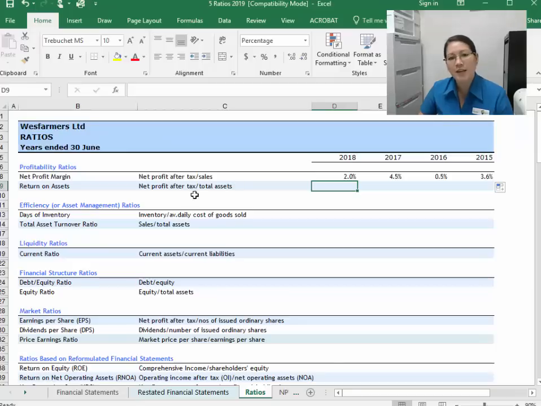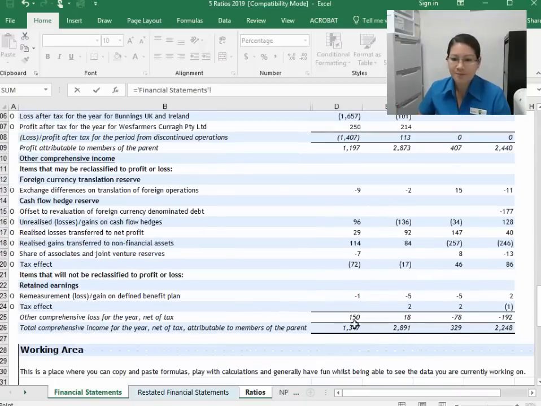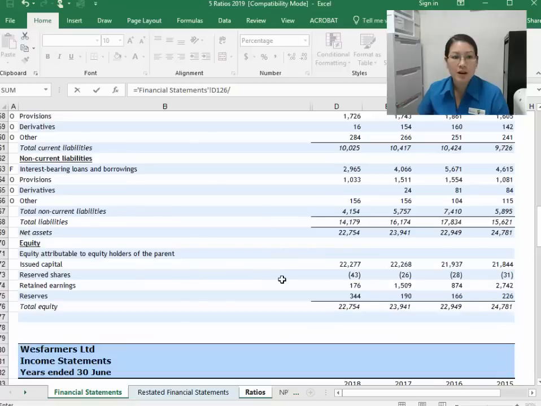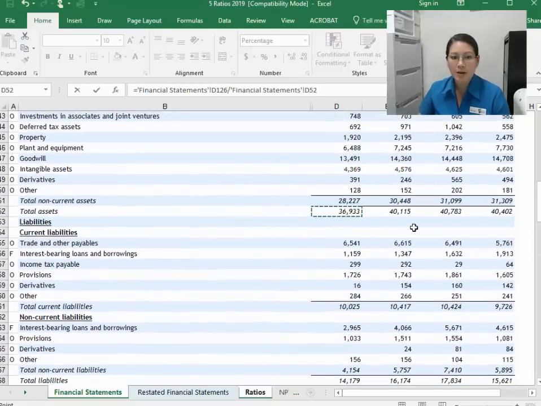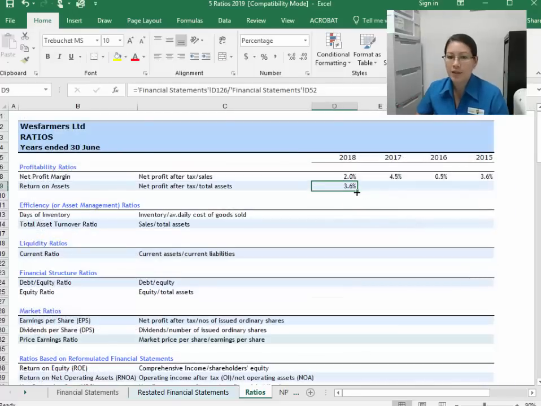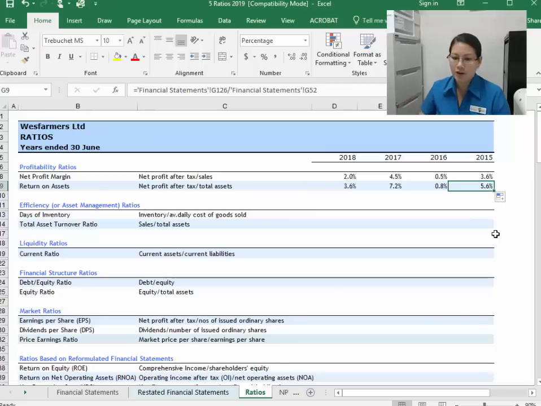Let's have a look at the return on assets. So same top figure, same numerator, but dividing by total assets this time. So go back to our financial statements and divide it by total assets, which is in our balance sheet right up here. Hit enter. So again, you can leave that as a decimal, as a percentage. For every dollar of assets, what am I generating into net profit? So again, you want it to be a higher figure, just like the previous one.